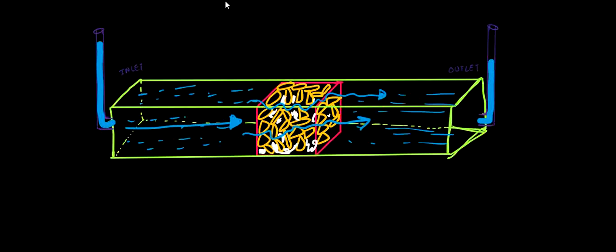This soil sample is acting as an obstruction, or you can say resistance to the flow. That is why this water will have some amount of energy that will be consumed in overcoming this obstruction. Therefore we are clearly observing the head difference.